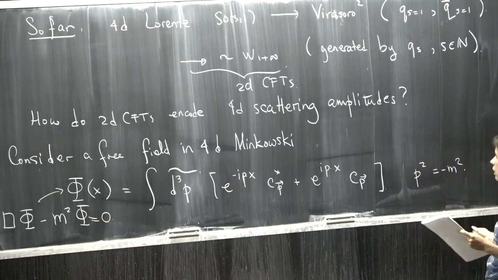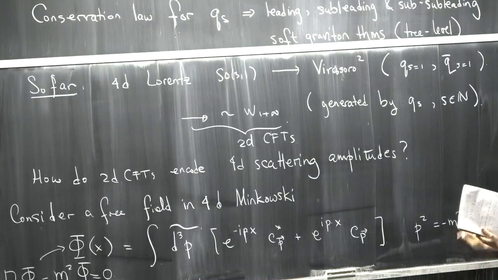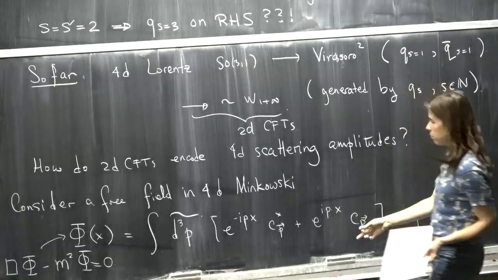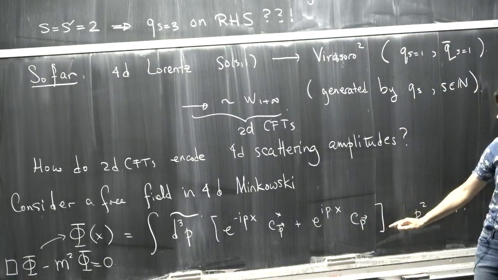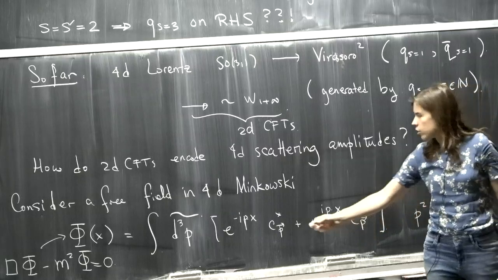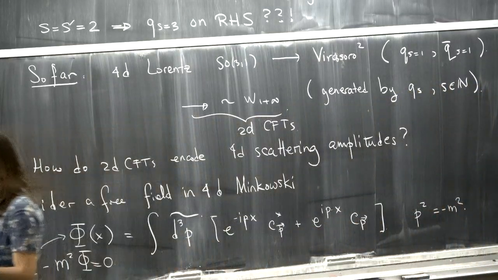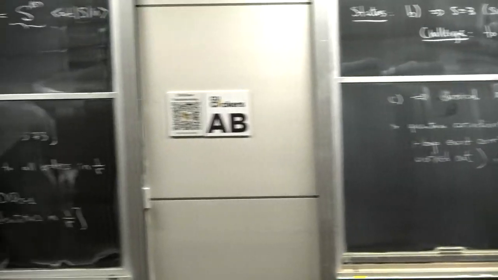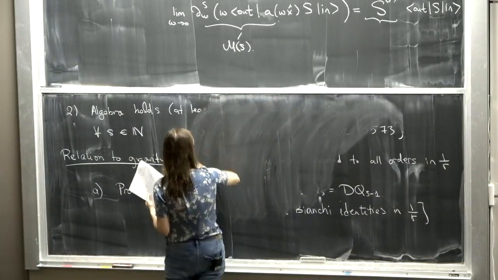Remember, I'm working in mostly plus Minkowski metric conventions. And this is just a classical free field in Minkowski space. These coefficients are arbitrary. In quantum mechanics, one promotes them to operators and demands that the vacuum is annihilated by the negative frequency modes.